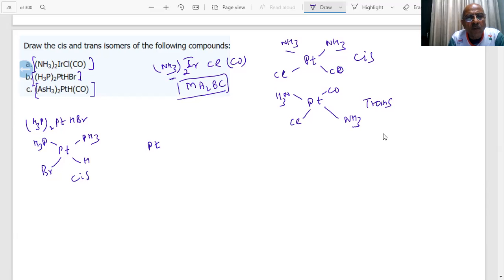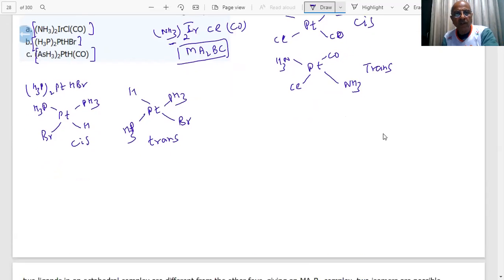You make these two opposite, PH3 and PH3 across each other. What is left then? H or Br. It makes no difference; put anywhere, this is the trans. So this is how we write cis and trans isomers. Any compound can be given to me in the exam: draw the cis and trans. They will have different physical or chemical properties. I hope you have understood it, student.